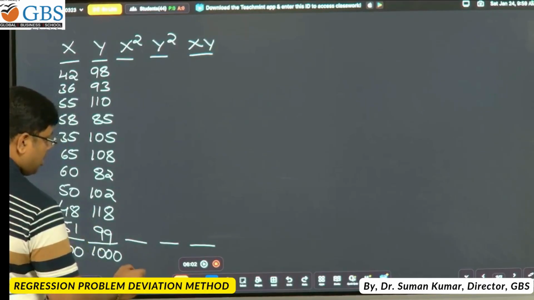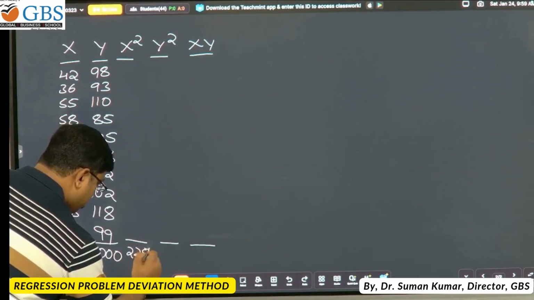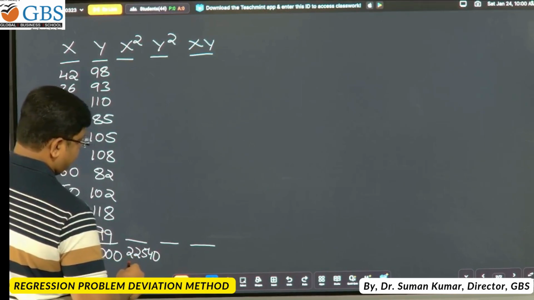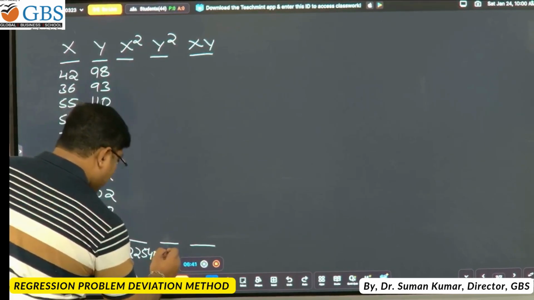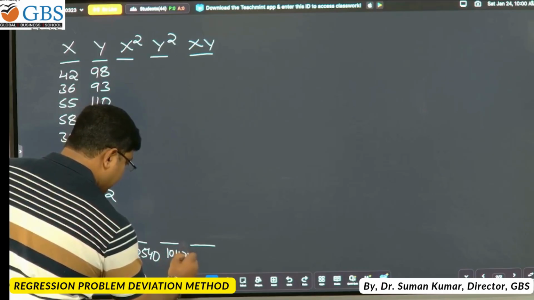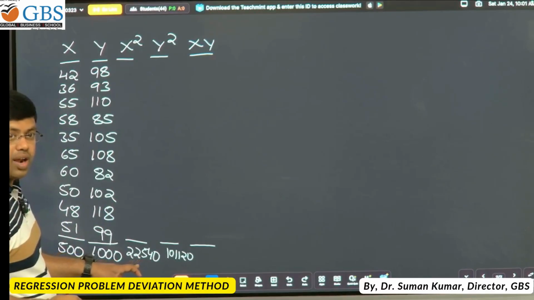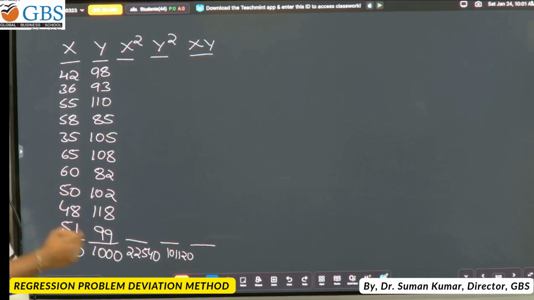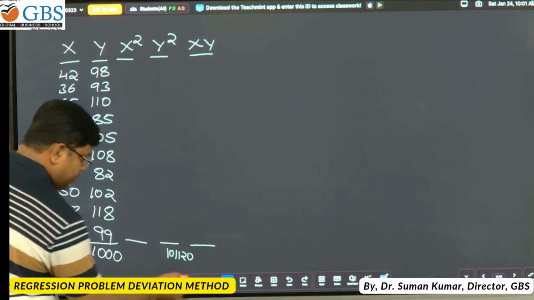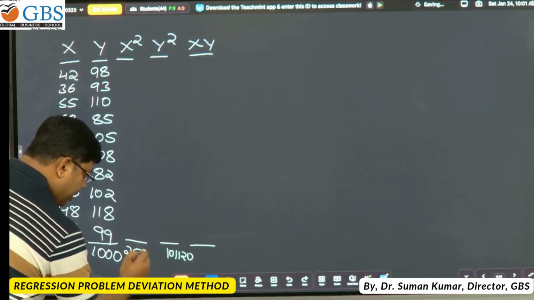What is X square? 22,540. Good. Then Y square. What is Y square? 101,120. Please check the others. Is it wrong? You should not make this kind of mistake in the exam.